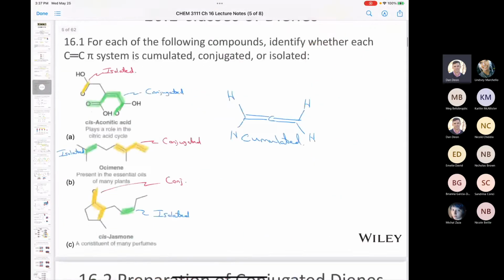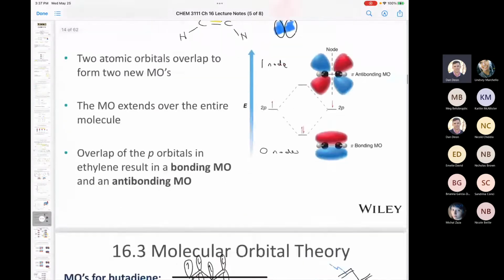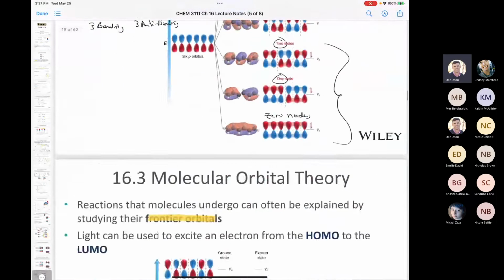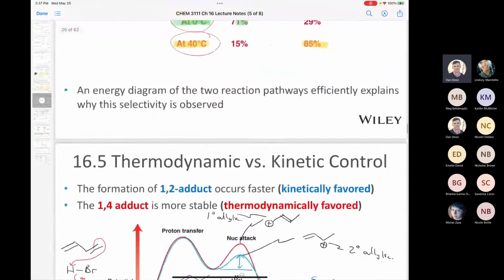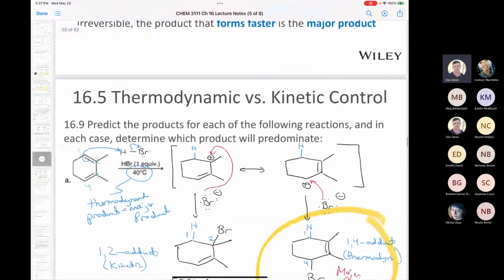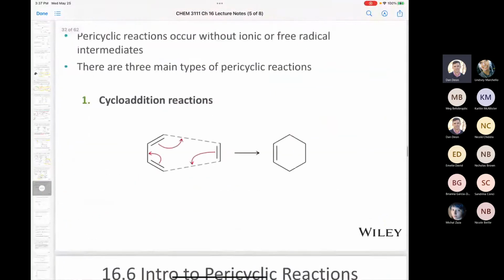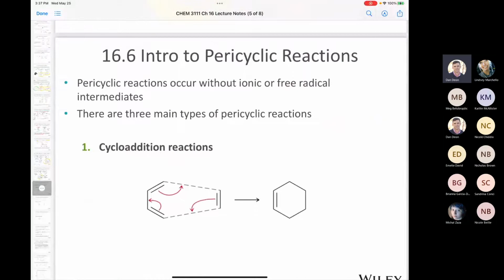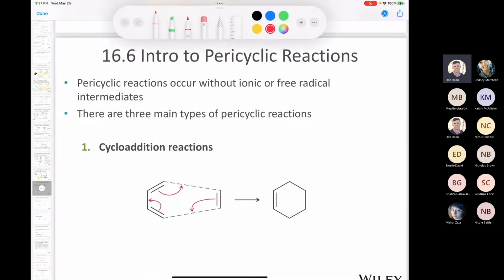And we've covered the first few sections of the chapter. Now we're into something that's kind of a departure from a lot of what we talked about in Organic Chemistry 1 and Organic Chemistry 2. Every reaction we've looked at up to this point involved either an ionic mechanism, like an SN1 or SN2, or an E1 or E2, or a radical mechanism.